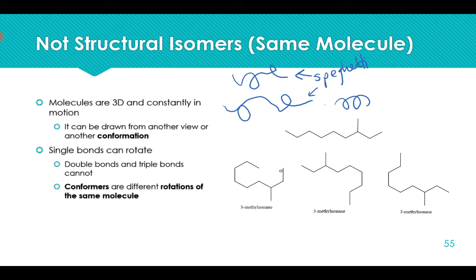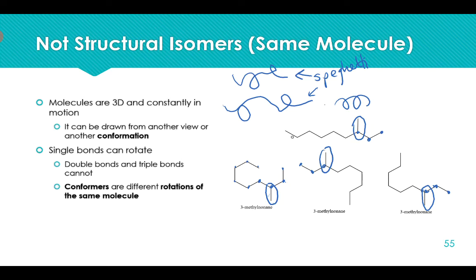We will learn how to count when we get into the nomenclature, but counting is essential to identify which carbons things are on so that you can learn to recognize that this branch always occurs off of the third carbon from one end. Once you recognize that this branch always comes off of the third carbon from one end, it's easier to see how all of these are the same molecule.